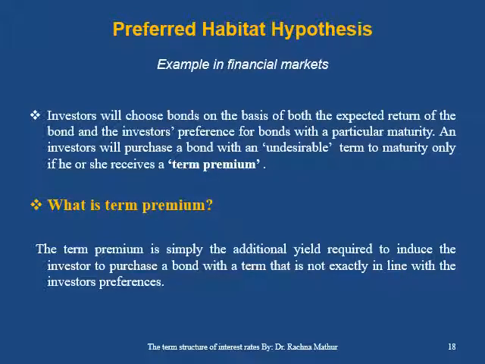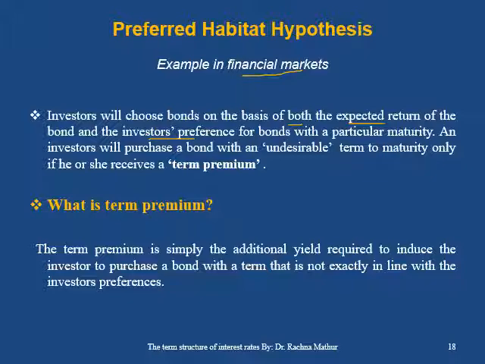Let us see the preferred habitat hypothesis example in financial markets. An investor will choose a bond on the basis of both the expected return of the bond and the investor's preference for a bond with a particular maturity.